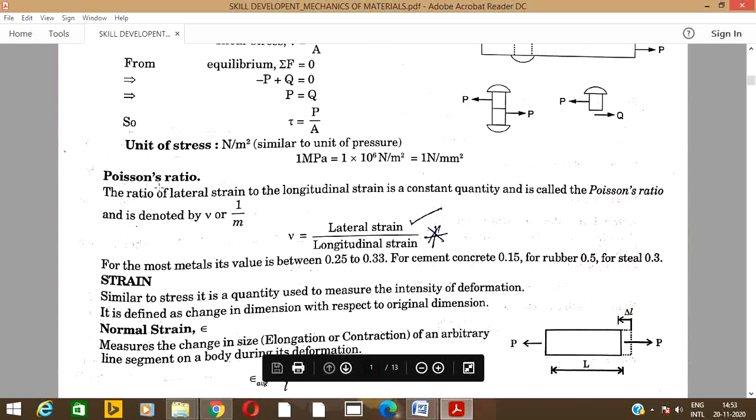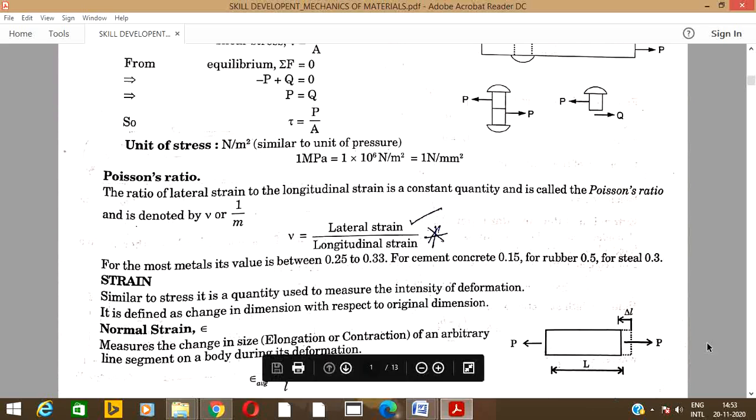That is Poisson's ratio. Poisson's ratio is the ratio of lateral strain to longitudinal strain. It is a constant quantity called Poisson's ratio, denoted by the letter V, or sometimes by 1 by m. What is a lateral strain? It is the strain developed in the lateral direction.